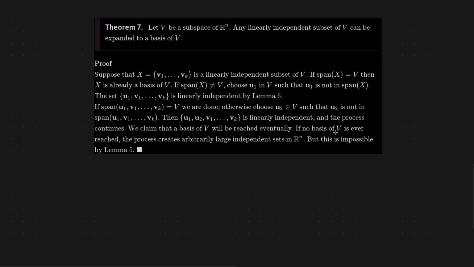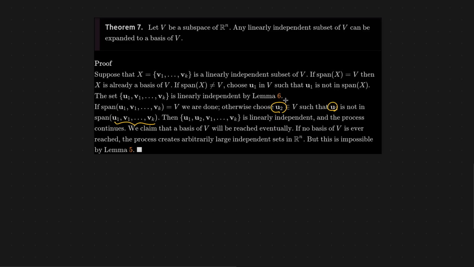And then we repeat the process. If the span is equal to V, hey, we're done, great. Otherwise, choose another vector that's in V but not in the span of that new larger linearly independent set of vectors.